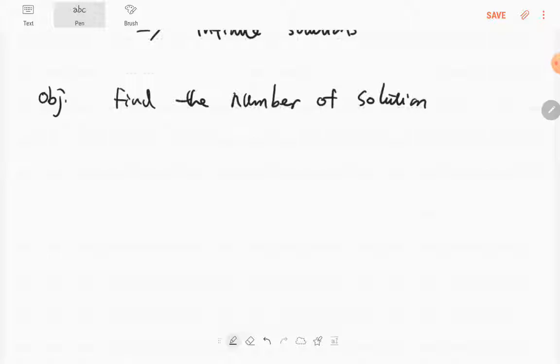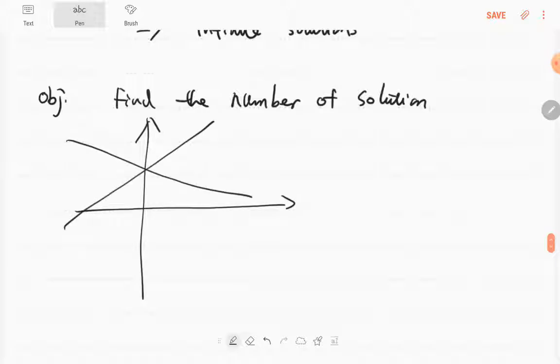Okay? So actually, from the previous examples, we know we have three different situations. One is one solution, right? We have straight lines that intersect at one point. So we will say one point of intersection, one solution.